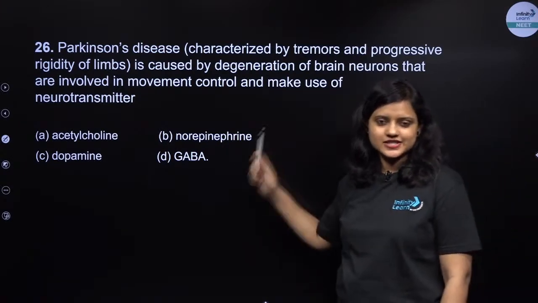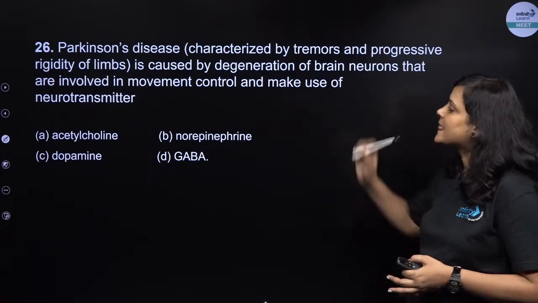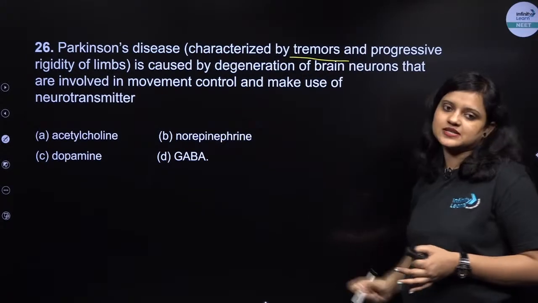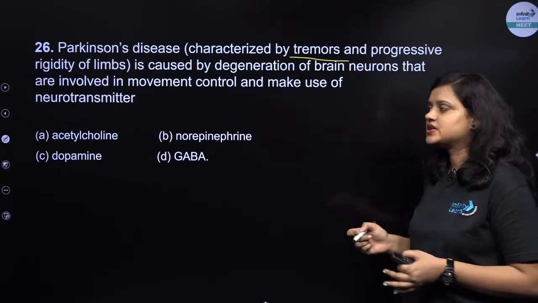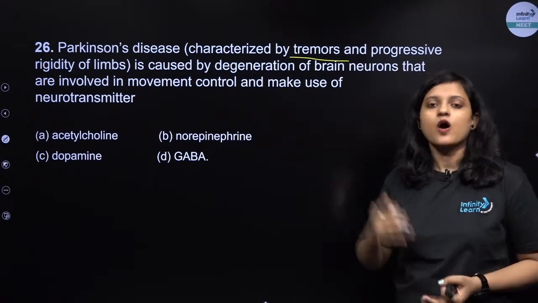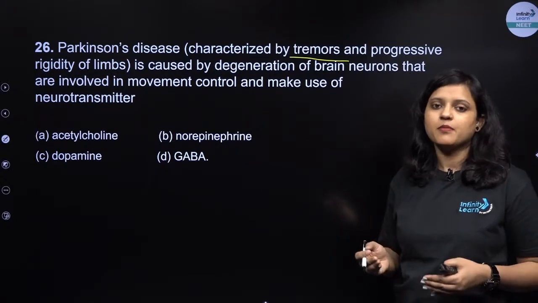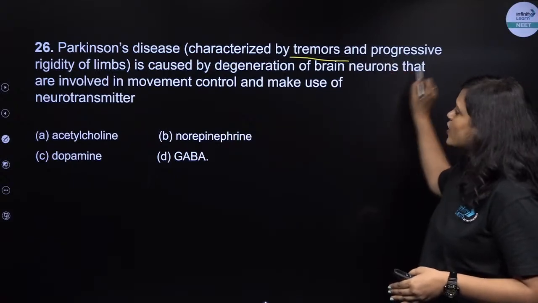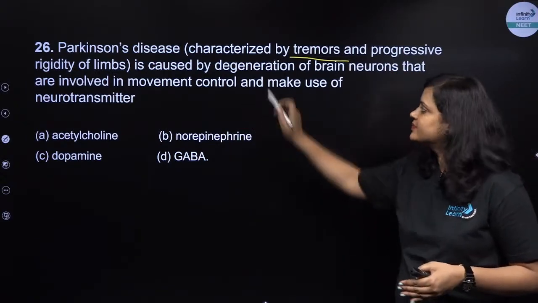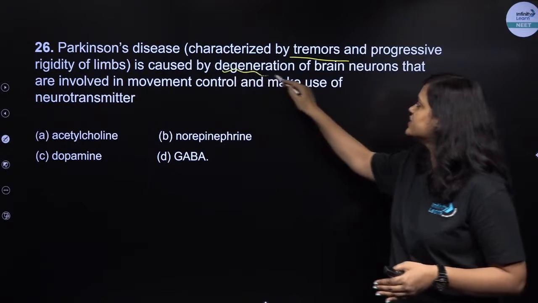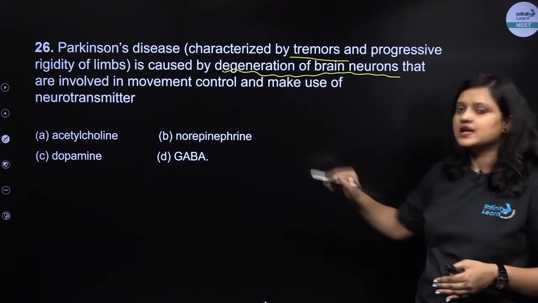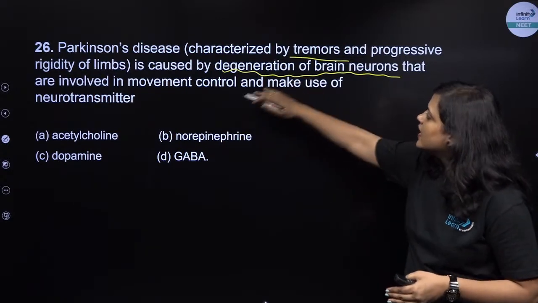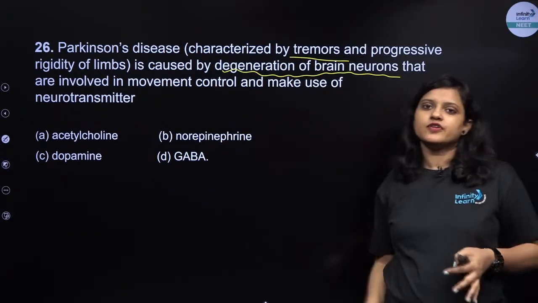this question I have just discussed. Now they are asking, Parkinson's disease is characterized by tremors. Yes, in old age, whenever there is a deficiency of certain neurotransmitters in the body, there will be tremors and progressive rigidity of limbs. It is caused by degeneration of brain neurons that are involved in movement control and make use of a neurotransmitter.